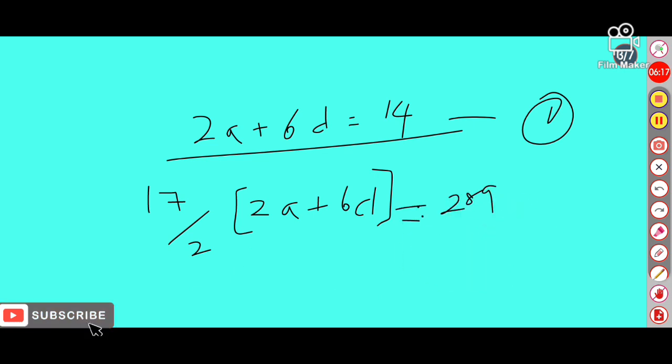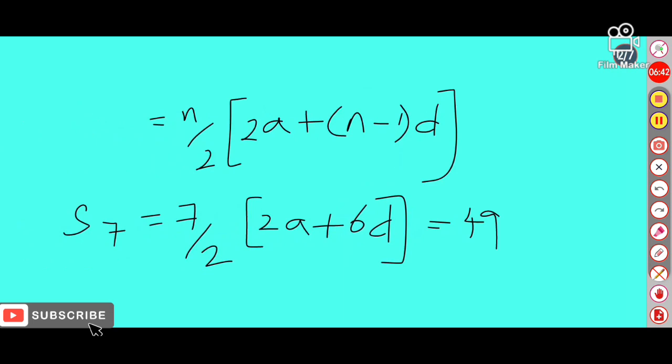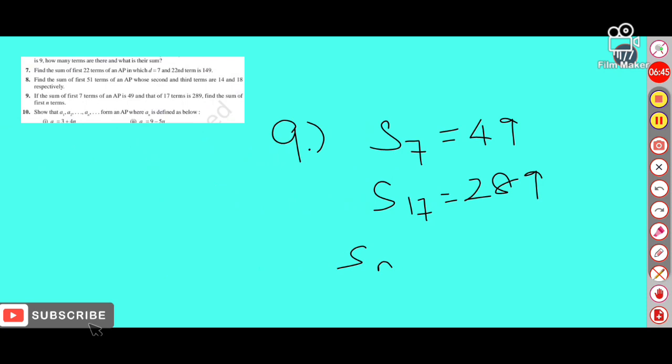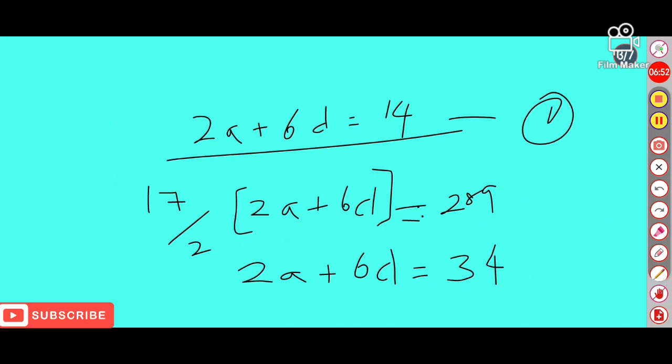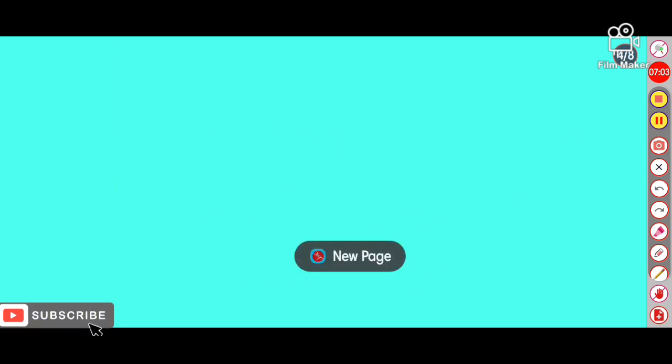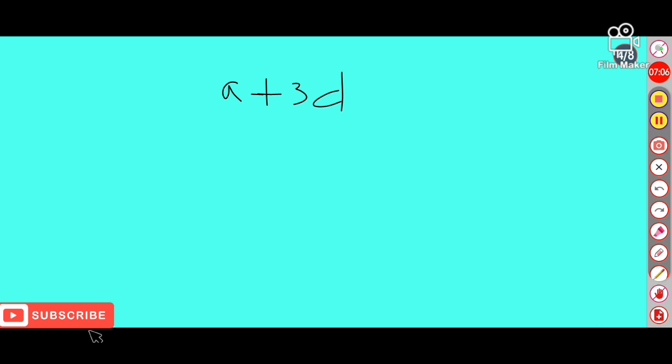Again this goes there, and in division it comes to 2a plus 16d equal to 34. From equation 1, 2a plus 6d is 14, so a plus 3d is equal to 7.